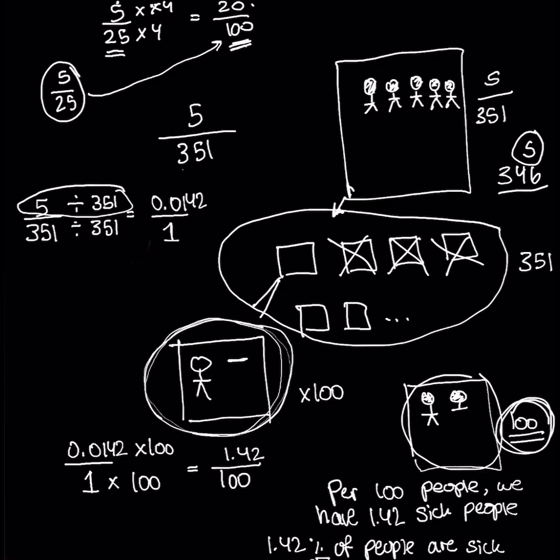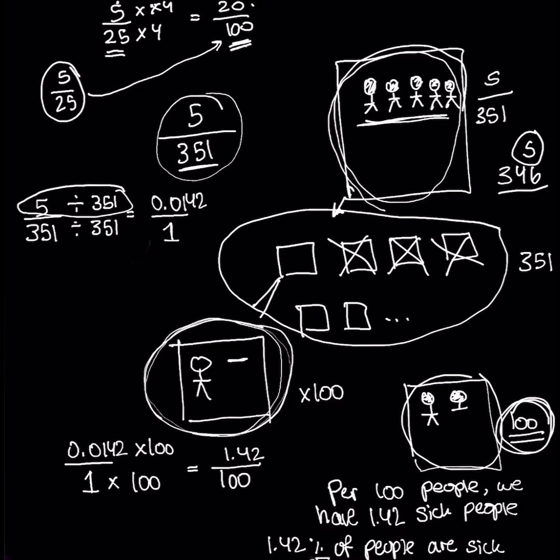Now, in the same way here, we had 351 people in total. 5 of them were sick. When we divide by 351, we keep the same ratio. The ratio doesn't change. So 5 over 351 is the same ratio as 0.0142 over 1.